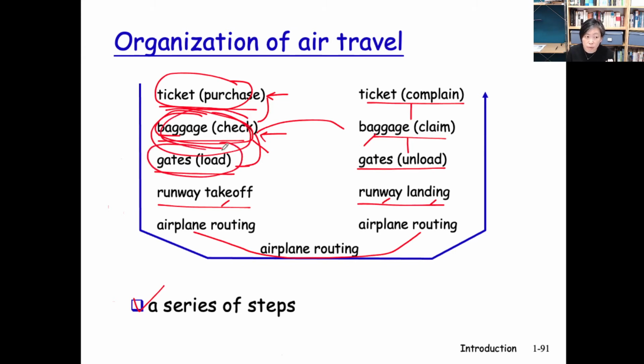And this component is also connected and related to this component, even though this is at the departure airport and this is at the arrival airport. So you see that there are components that are related and there is some basis in order to communicate between the staff members here and the staff members here, the mechanism here and the mechanism here.